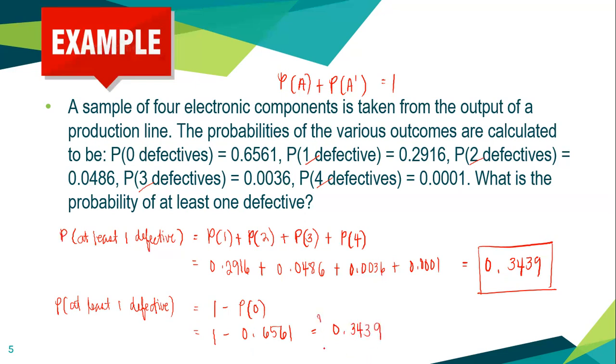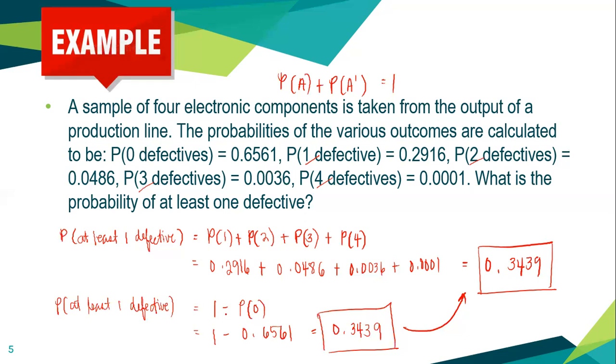Tama? So pareho lang silang dalawa. Okay? Ibig sabihin, alin man dito sa dalawang solution ay pwede nyong gawin. So kung saan kayo mas nadadalian, okay lang. Okay? So, pwedeng i-add nyo lang silang lahat or pwedeng gamitin mo yung idea of having complement. Okay?